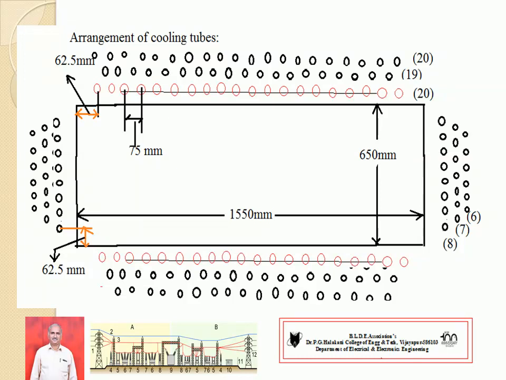So here plus or minus a few number of tubes, either 2 or 4. So you have to distribute along the entire area for uniform cooling. Sometimes the designed number of tubes is not possible to provide uniformly, hence it may be more or less than the actual value.